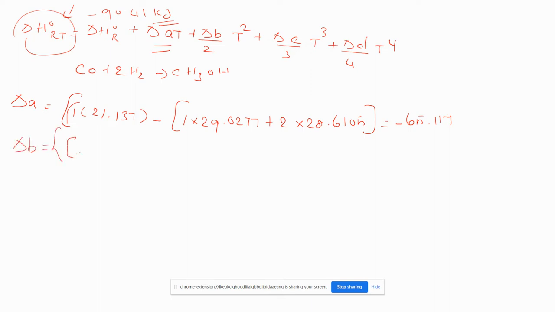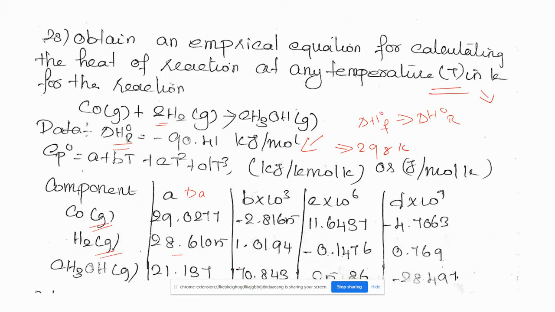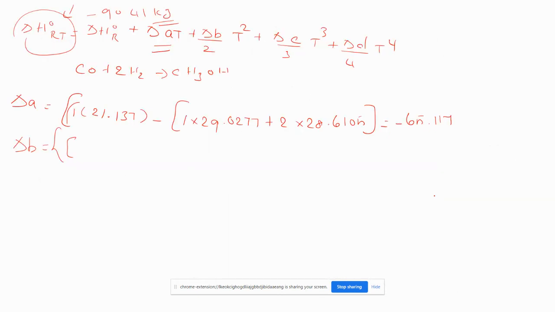Del B is the same. Okay, 1 into 70.843 minus 1 into minus 2.8165 plus 2 into 1.0194 into 10 power minus 3, so you should take it as minus. Remember this is minus 6 and this is minus 9.